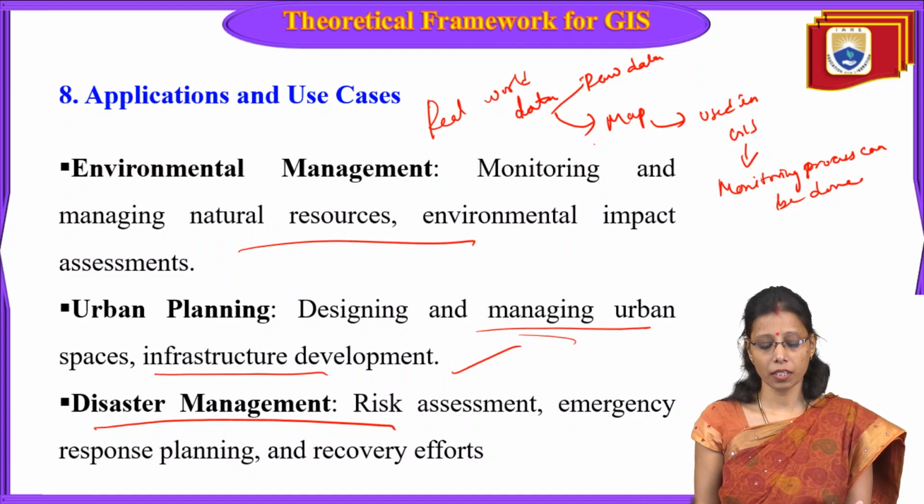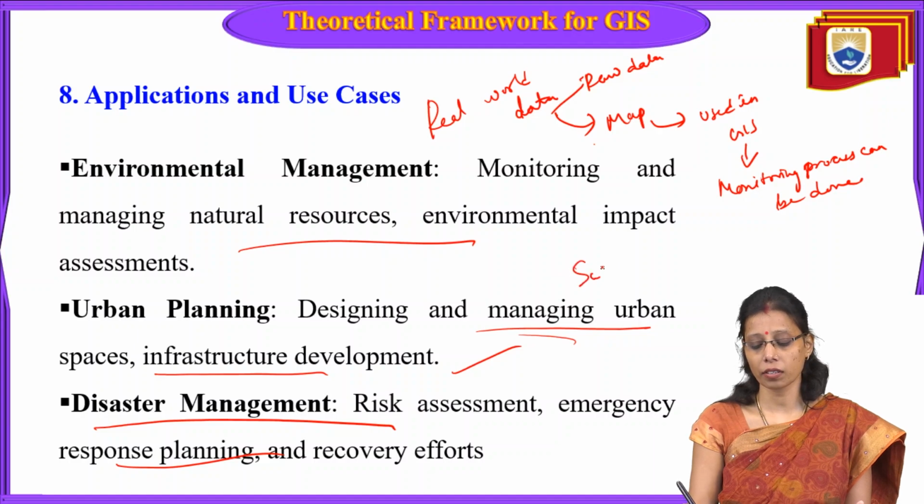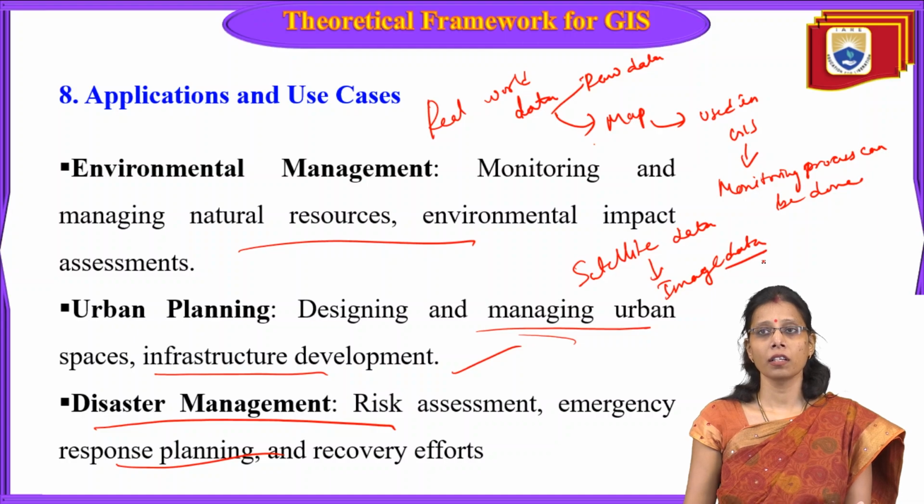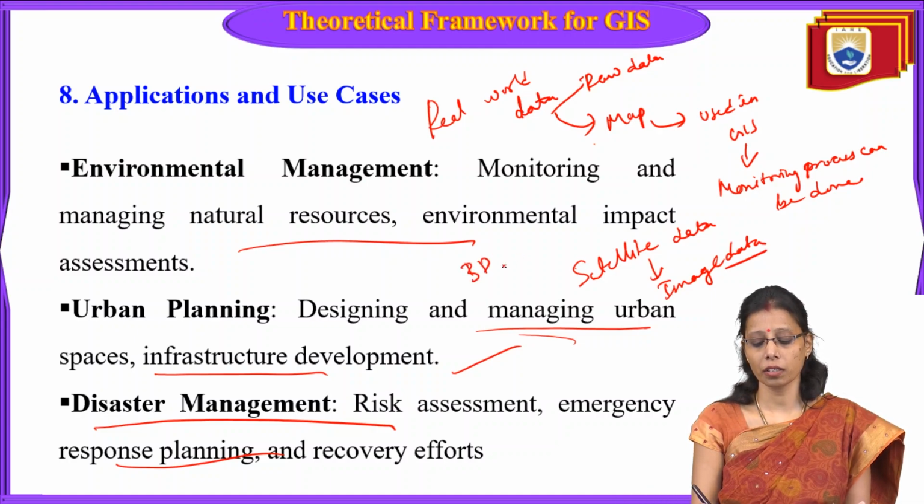Okay. Emergency response planning, if you want to do that, then if you have this satellite data converted to image data, the image data can be viewed in the GIS, and that 3D information is converted to the satellite 2D information, and then further image data.